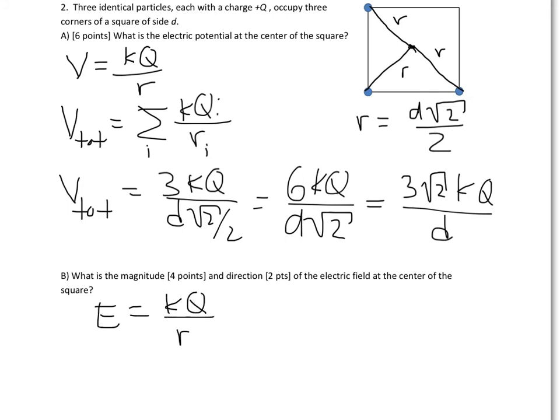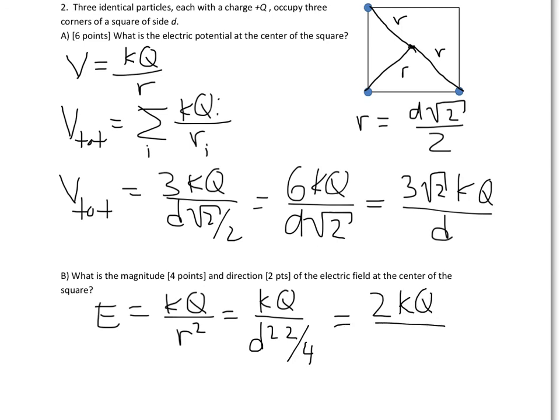Now the magnitude of that is going to be kq over r squared. So let's take our r here and square that. And that is d squared times 2 over 4, which gives 2kq over d squared.